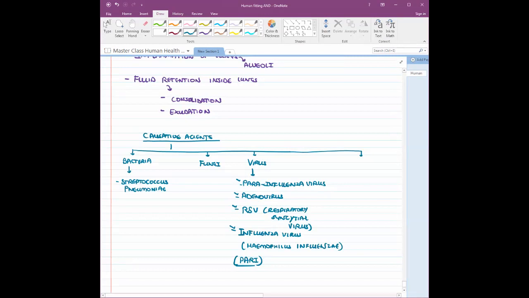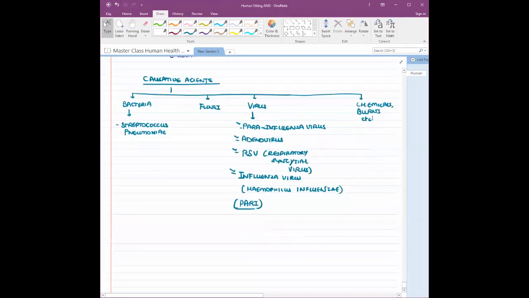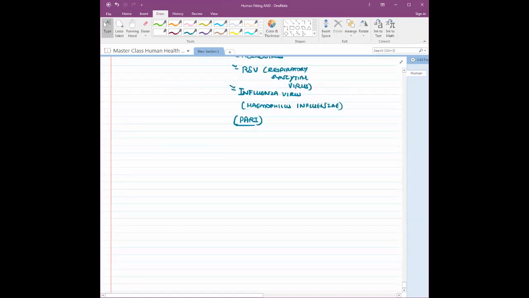So this can happen through various kinds of chemicals, or because of burns. So this is what we need to know about the causative agents of pneumonia, guys. But now let's try to see what the symptoms are.